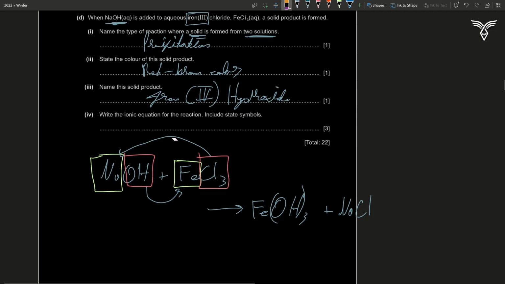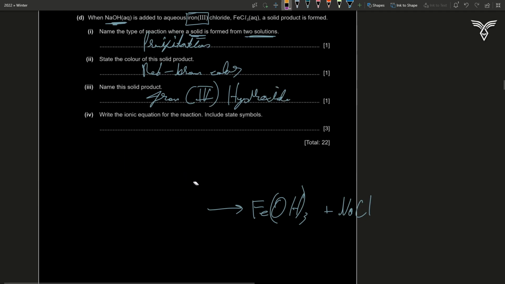Then it says write an ionic equation for the reaction, include state symbols.